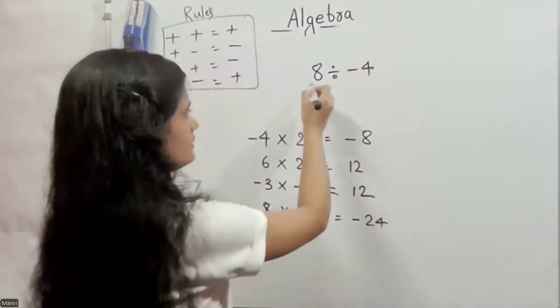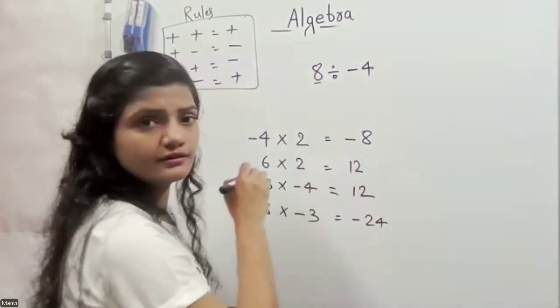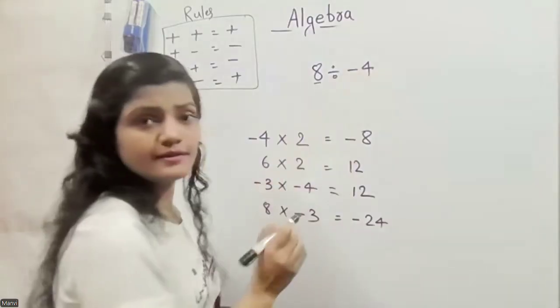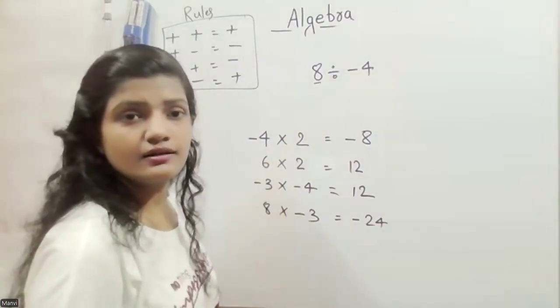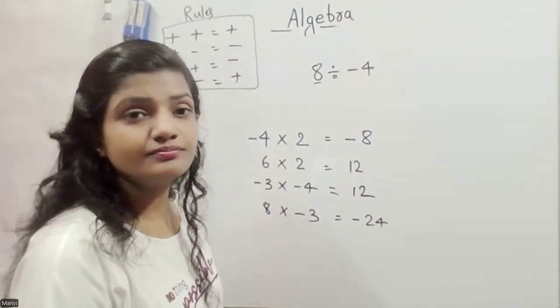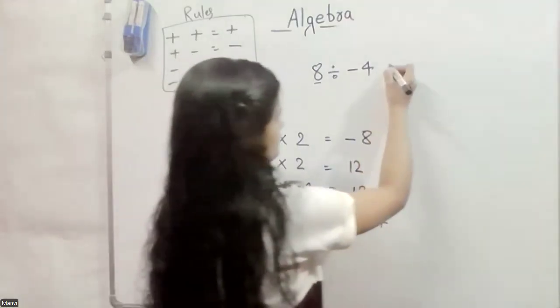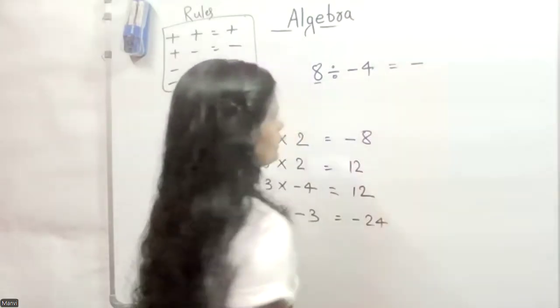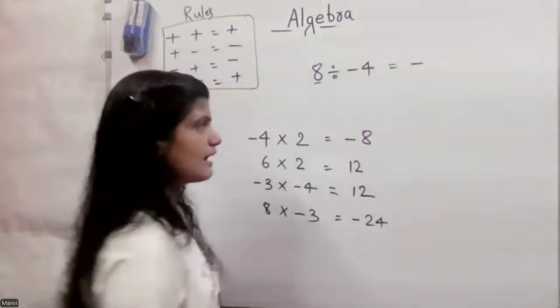This 8 holds a plus sign and this 4 a minus, so different signs. Different signs means our answer must be minus. So minus 2.